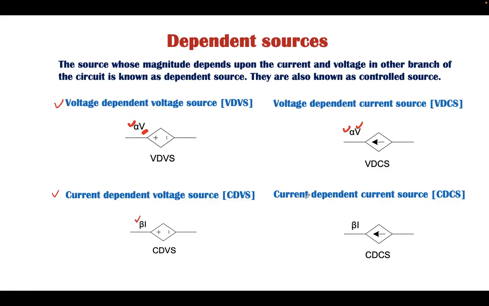In case of the current dependent current source, this is the representation of a dependent source, an arrow within a diamond. Since its magnitude depends upon the current of another branch, the magnitude may be a fraction, and that fraction is taken as beta. In case of voltage dependency, the fraction is taken as alpha, since the voltage is V. In case of current dependency, the fraction is taken as beta.